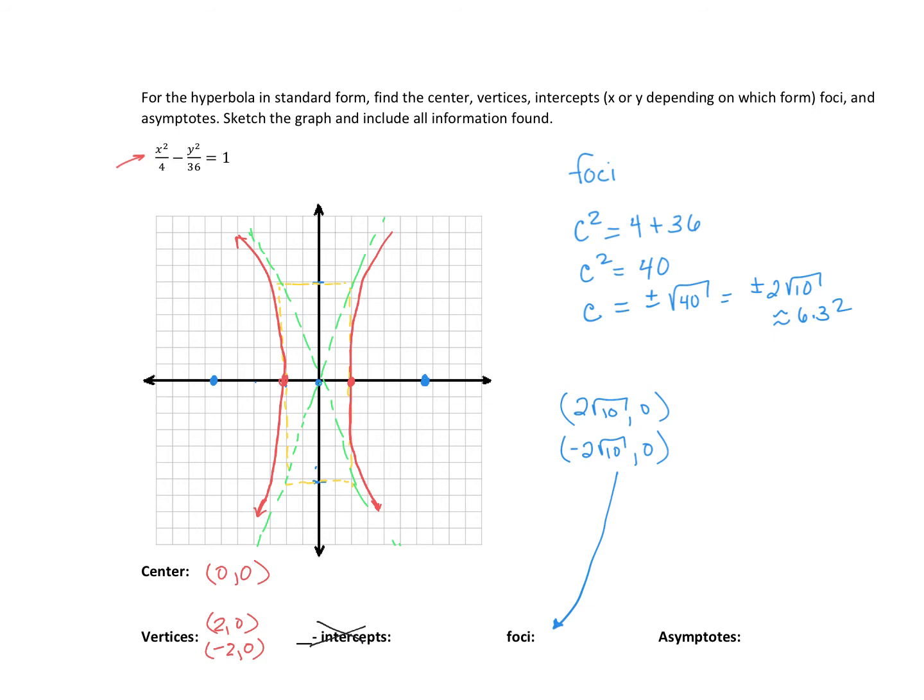And what about those asymptotes? Well, each one of these asymptotes is a line, and the y-intercept is 0. So we need only to find the slope. From here I went up 6 and over 2, and rise over run, 6 over 2 would be 3. So this is y equals 3x, and of course the other direction would be y equals minus 3x.